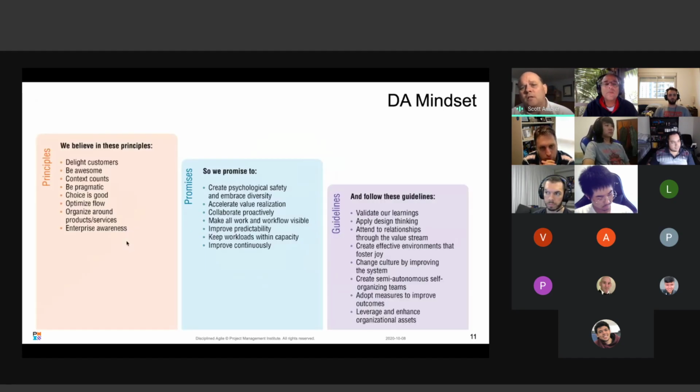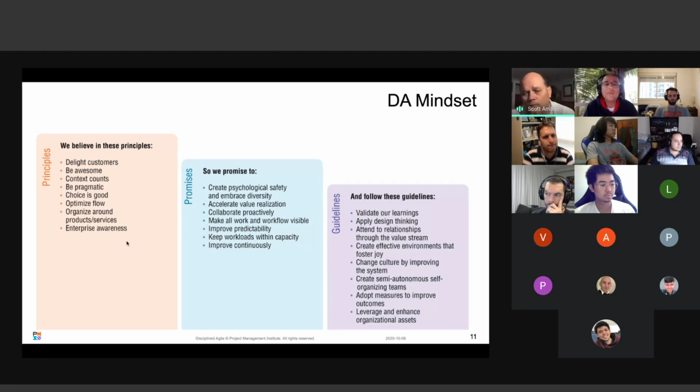This is a summary of the DA mindset. We used to have it based on the Agile Manifesto, which I'm sure all of you are familiar with. The Agile Manifesto is a great start, but there are a few challenges with it. It's software focused, and as you just saw in previous slides, agile is about far more than just software. It's also 20 years old, and frankly, we've learned a few things in the last 20 years, or almost 20 years, I should say.